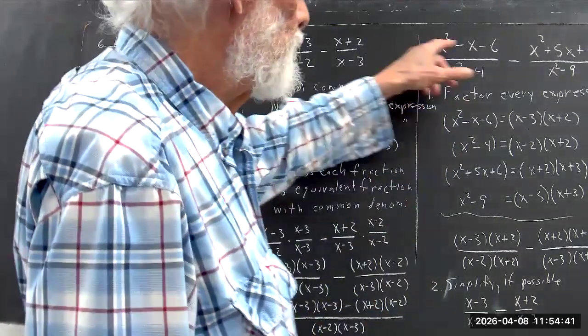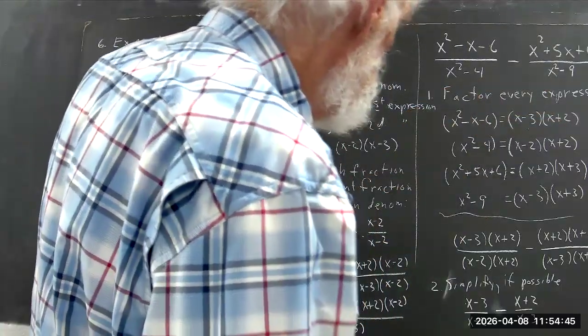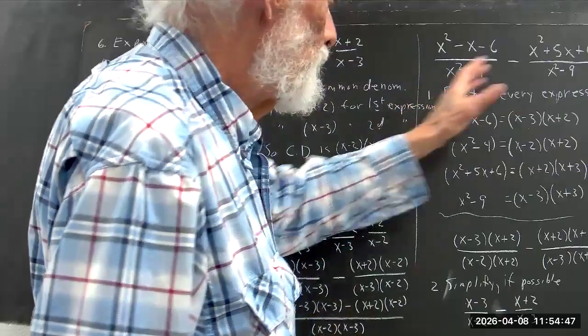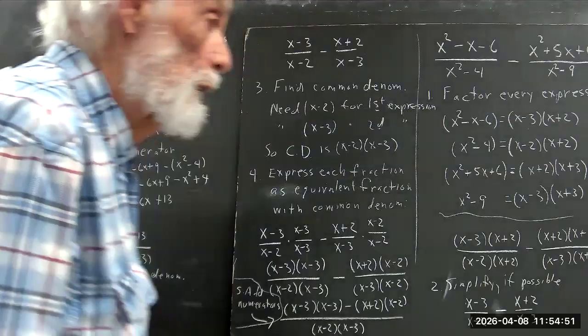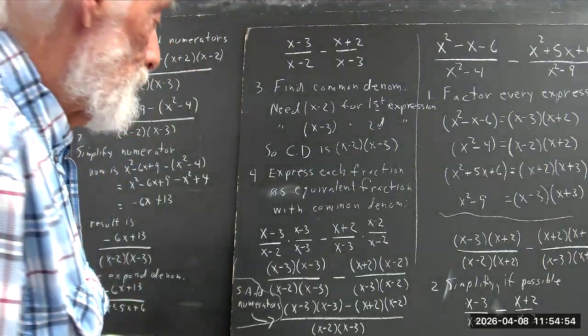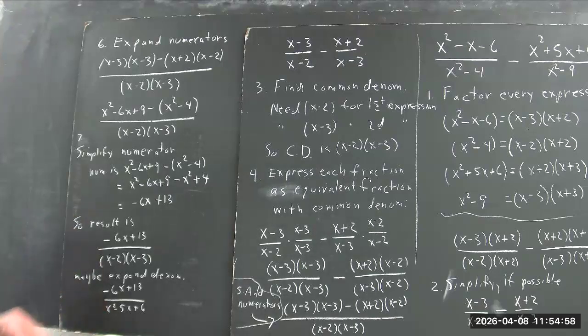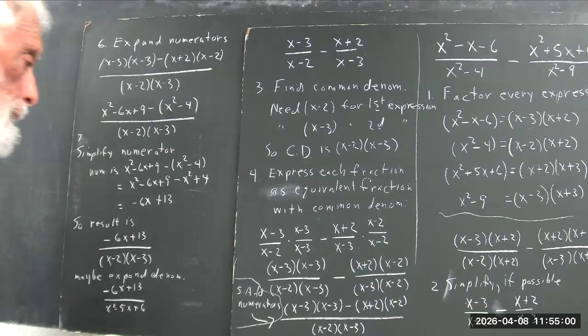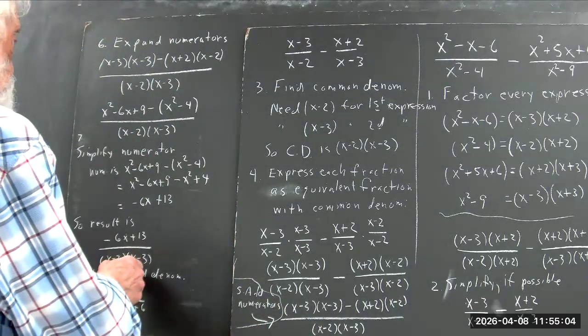If you plug in 7 for the x's in the original expression and subtract the resulting fractions, it should end up the same, 29 over 20. And if so, that's a pretty good indication that you did this right. And one note I'll make here, the result is this.